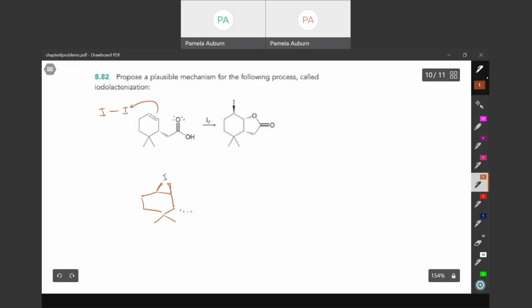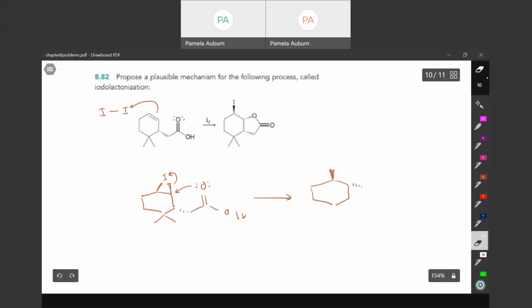Comes down, up, carbonyl, OH. And so this guy is going to attack that way, and then those leave. So that gets me iodine coming up. This guy attacked from the back side, so it's going down.